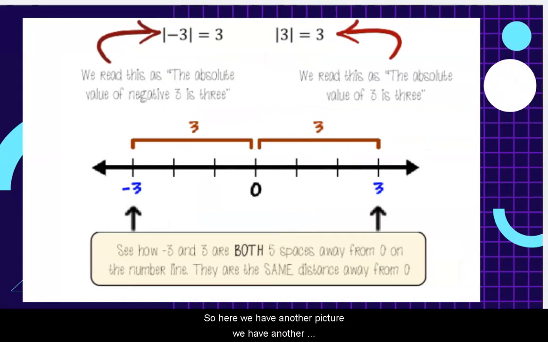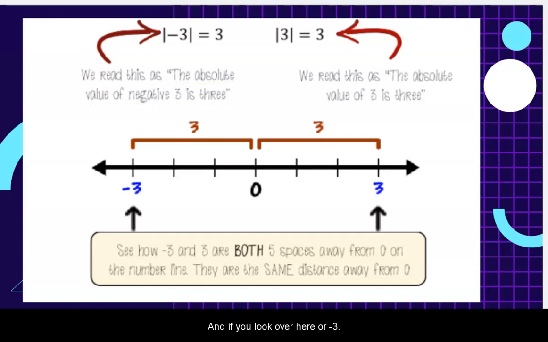So here we have another picture, and we have another example of absolute value on a number line. You can see the absolute value of negative 3 is 3, and the absolute value of positive 3 is also 3. And we read this as, again, the absolute value of negative 3 is 3.